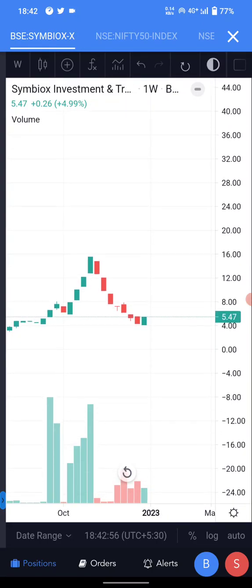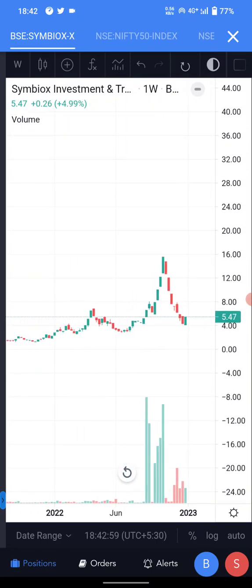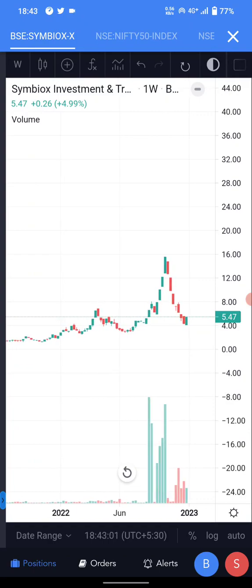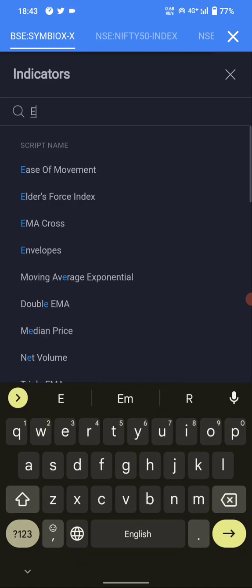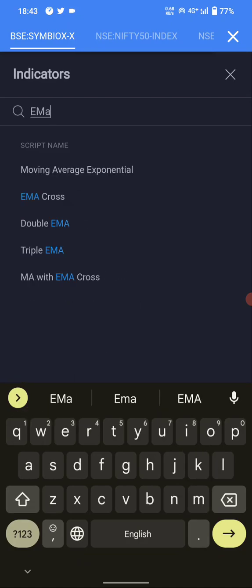Okay, this is the candlestick pattern of this Symbiotics investment. And here you can see FX, right? Just select EMA. Once you select EMA, you can see the different types of EMAs that we can use for this trade: moving average exponential, EMA cross, double EMA, triple EMA, and MA with EMA cross, nothing but SMA with EMA cross.